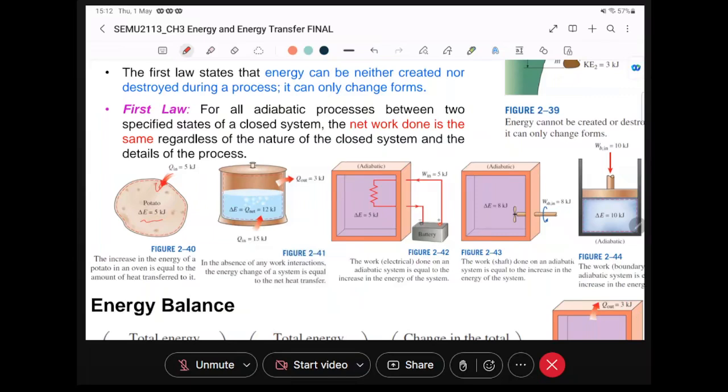It will increase. You cook a pot of water, there's heat energy going in. If there are losses, then the change in the energy in the water is not as much. Otherwise, 15 kilojoules go in, the energy in the water should change by 15. But because 3 of them go out in terms of heat loss, the total energy change here is only 12. So it's always balanced because energy cannot be destroyed.